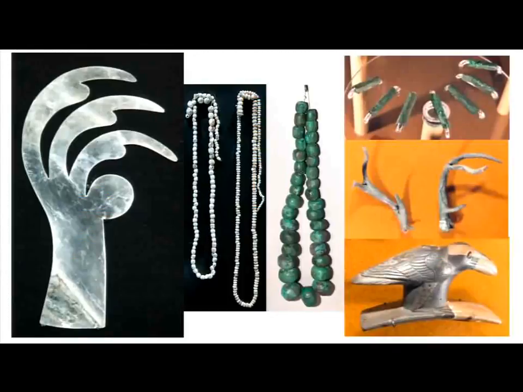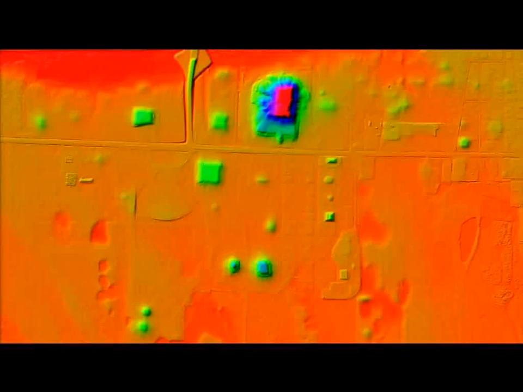Here we have a claw made out of mica, some necklaces of pearls and copper beads, some other copper ornamentations, and an effigy pipe in the bottom right-hand corner. Some of their artwork is really quite beautiful, and I think at the time it would have been really beautiful.